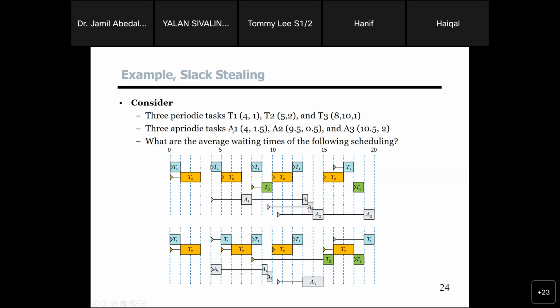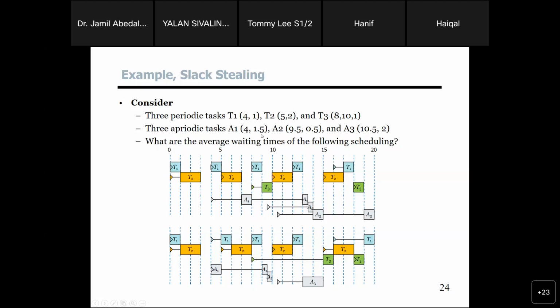So aperiodic job 1 releases at 4. Okay, release at 4 as you see here. And we need to execute 1.5 units. Here we execute 1 unit, and here we execute the next half unit.